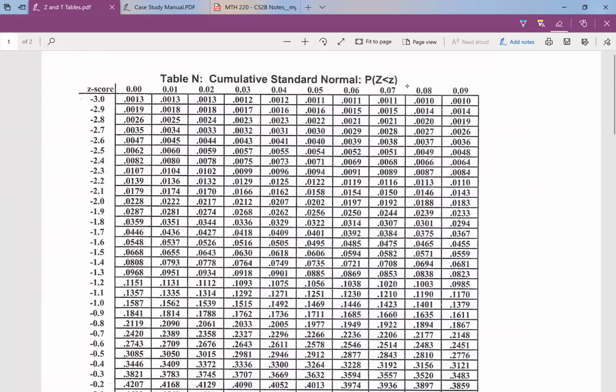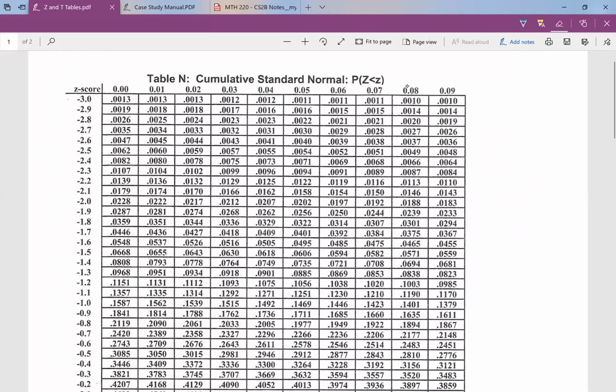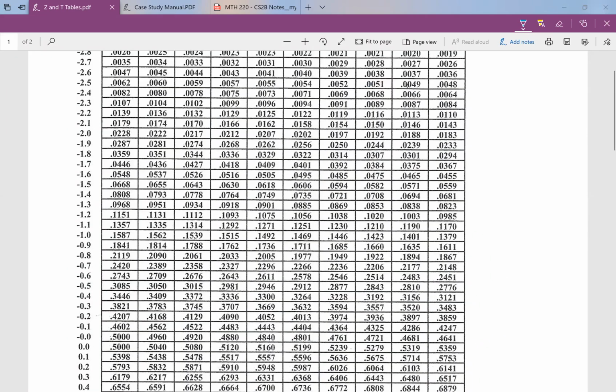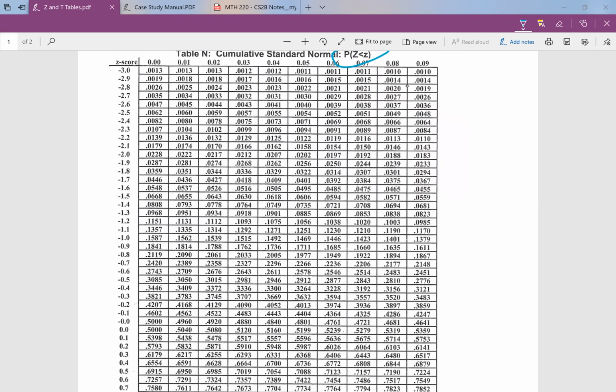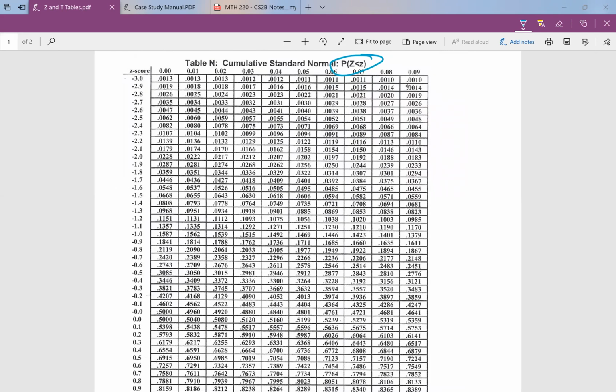One difference between the Z-chart and the T-chart is that the Z-chart gives us the area that's less than Z.